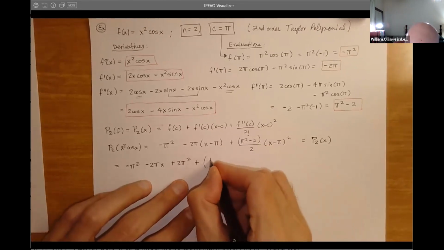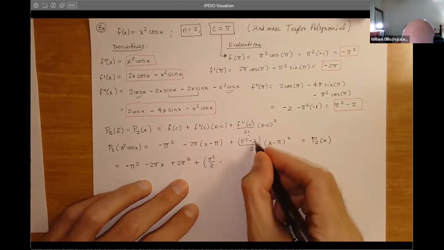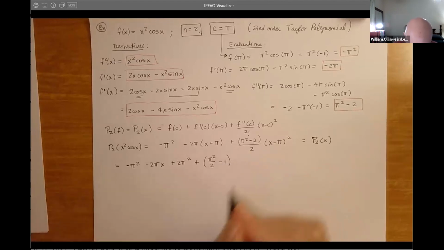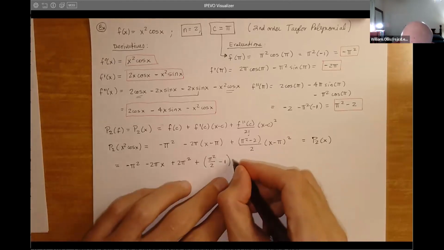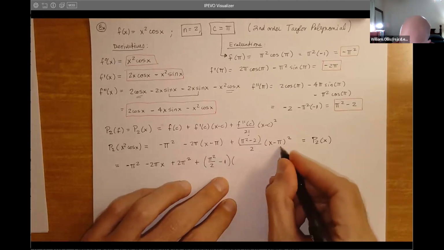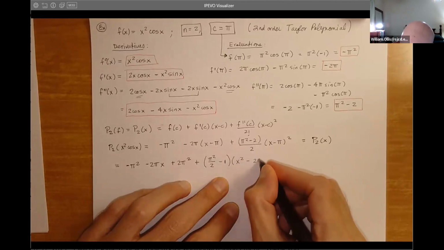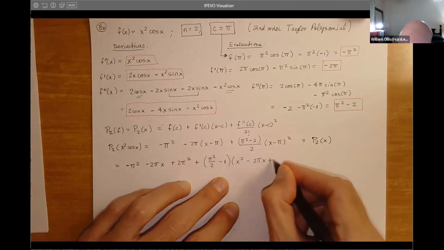So we have pi squared over 2. And then, of course, negative 2 over 2, that just gives us a minus 1, if you will, just to make that a little simpler. And then we can expand the binomial, x squared minus 2 pi x plus pi squared.